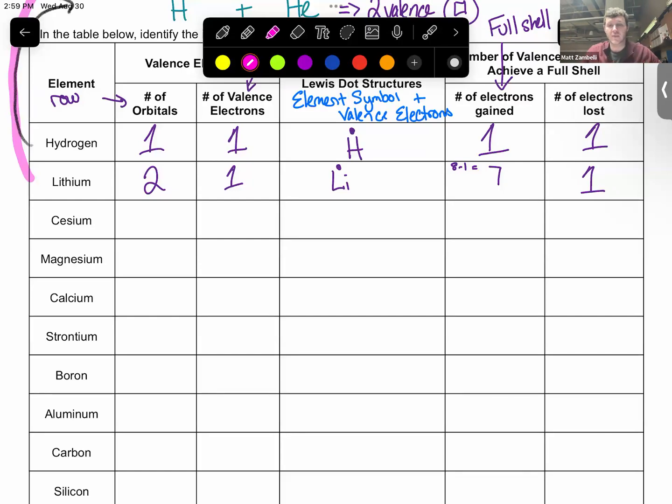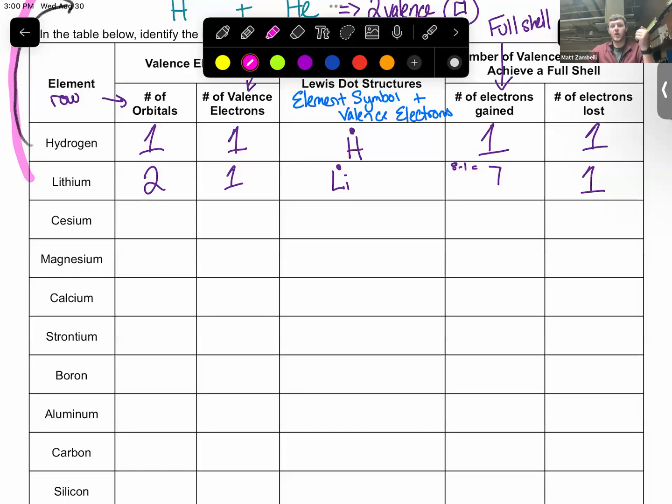Okay, so we look at the first one, hydrogen. Hydrogen's kind of in the middle, and so we're actually not going to circle one for the ones in the middle. Those ones are going to be a little more up for grabs. They can go either way. They're willing to gain electrons. They're willing to lose electrons. It just depends on who's around to take them or to give them away. If we look at lithium though, lithium's got 7 that it needs to take from somebody else, or it's got 1 that it needs to give away.